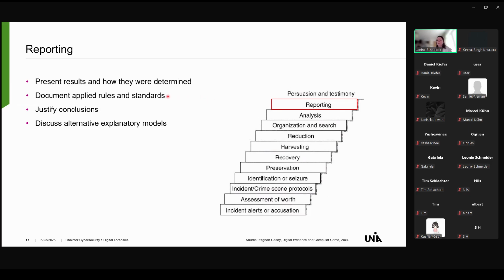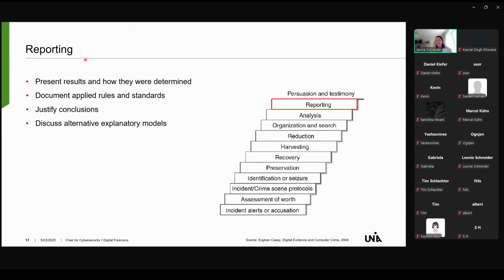For example, you could say, we applied the investigative process model by Casey, or you could say we stick to some ISO norm. And in the report, people also justify their conclusions.